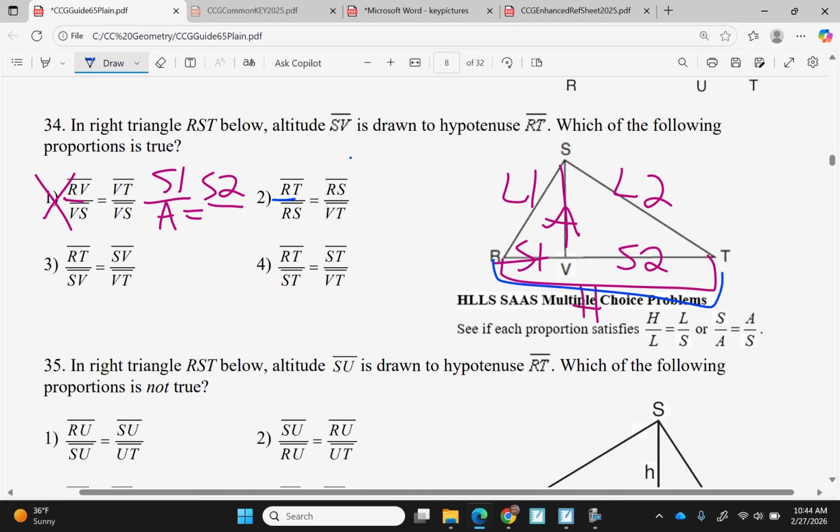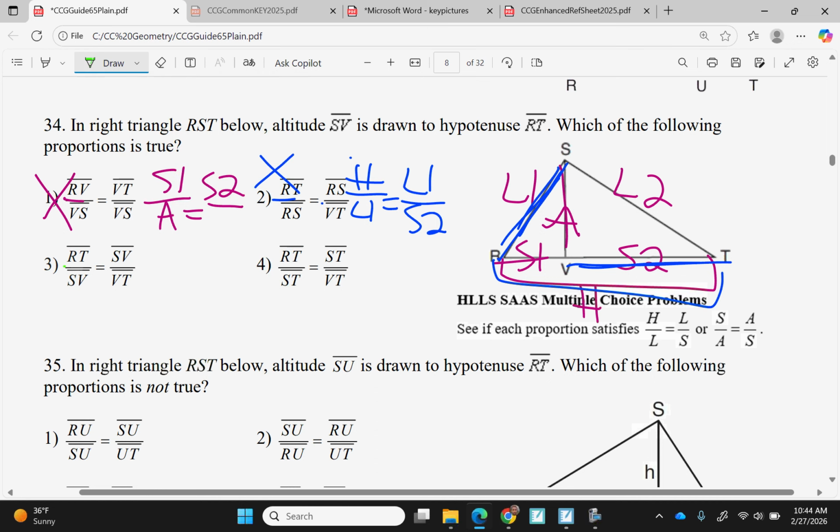RT is H. Okay, over RS is L1. All right, looking good. Might be Hills. RS, L1 again, good. VT, oh, VT is an S, but it's the wrong S. If I'm using the left leg, I need the left seg. It gave me the right seg. So even though it's Hills, it's not correct. It's the wrong seg. How dare they?